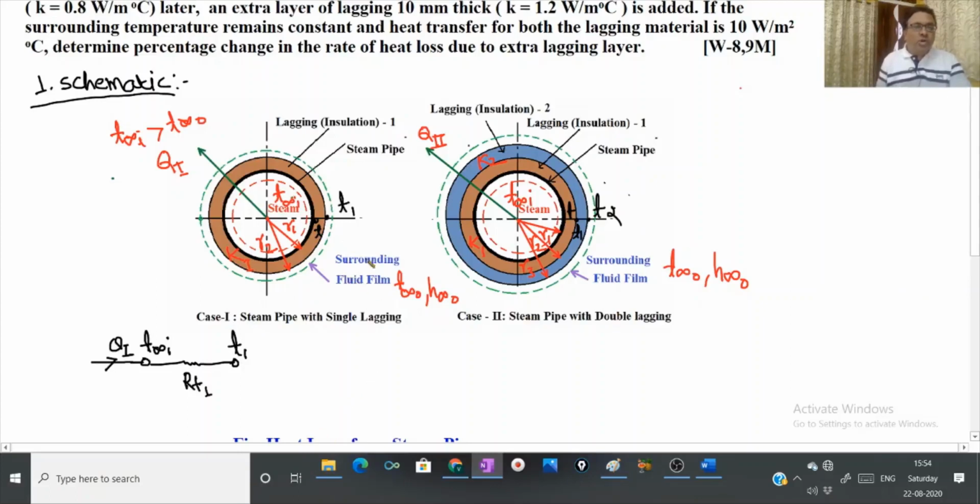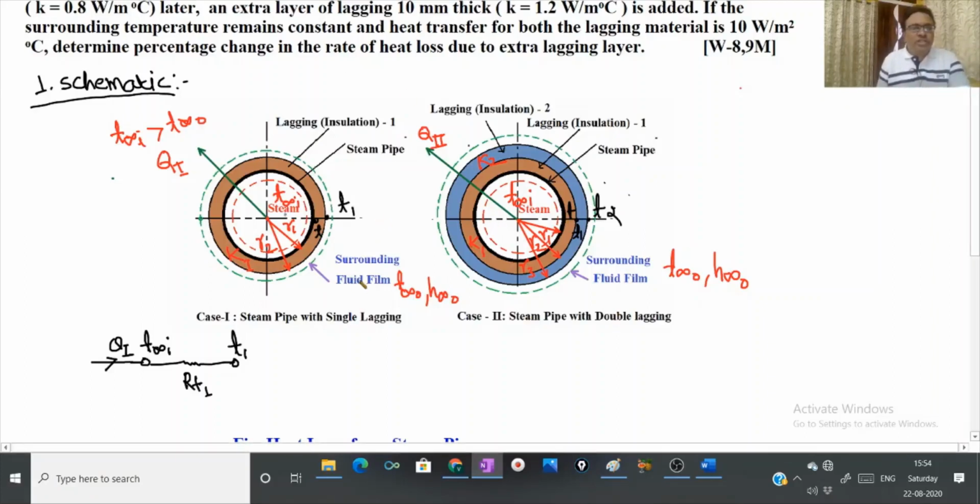Here, no thermal resistance will be offered by the fluid film, the steam fluid film, because the convective heat transfer coefficient for steam is not given. So unless the H infinity value for steam is given, we cannot determine whether it is going to offer thermal resistance or not.